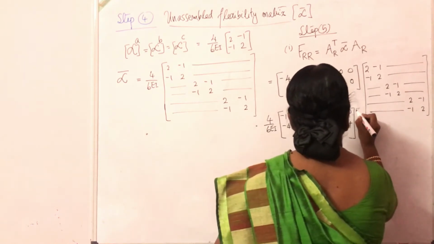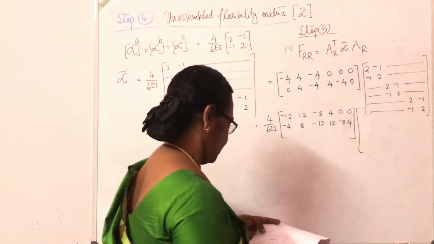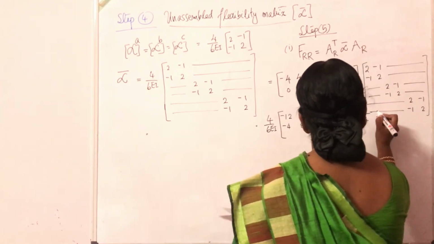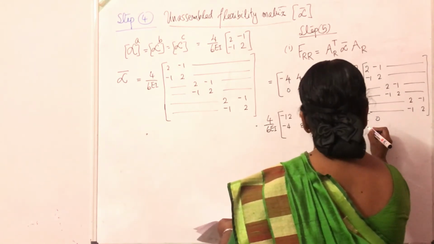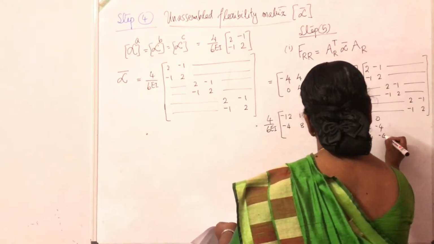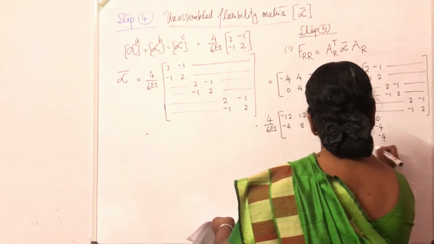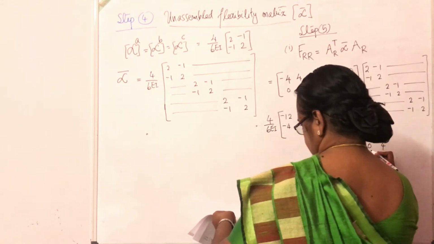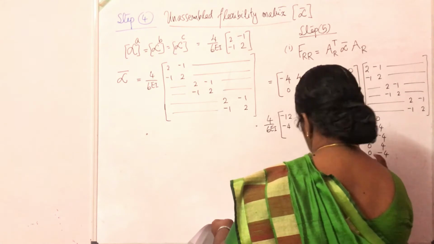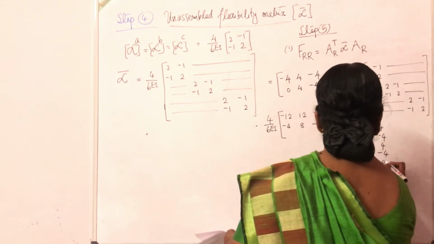Again multiply with AR. AR matrix is minus 4, 0, 4, minus 4, minus 4, minus 4, 0, 4, 0, minus 4, 0, 0.